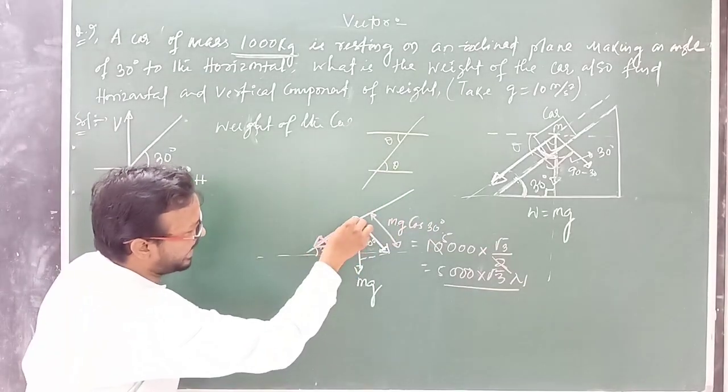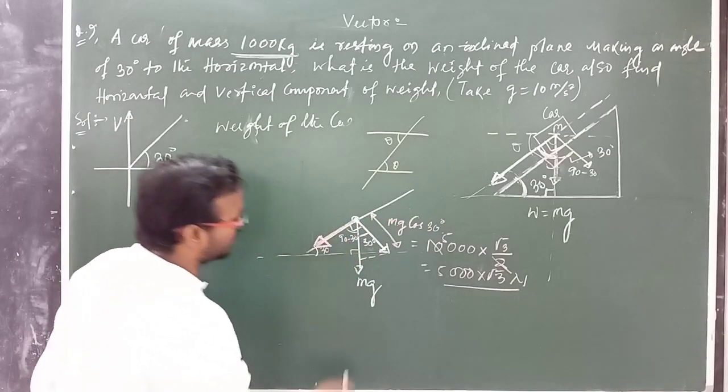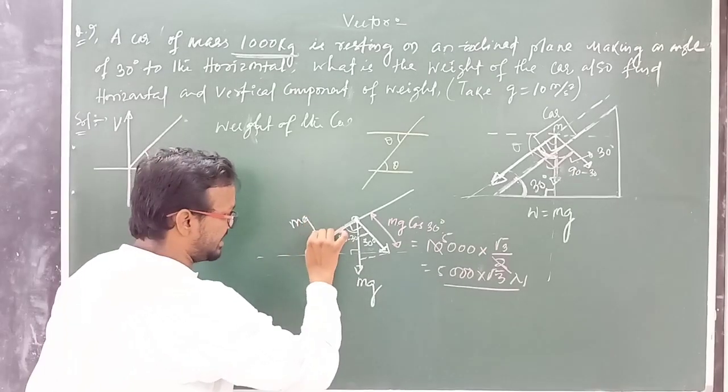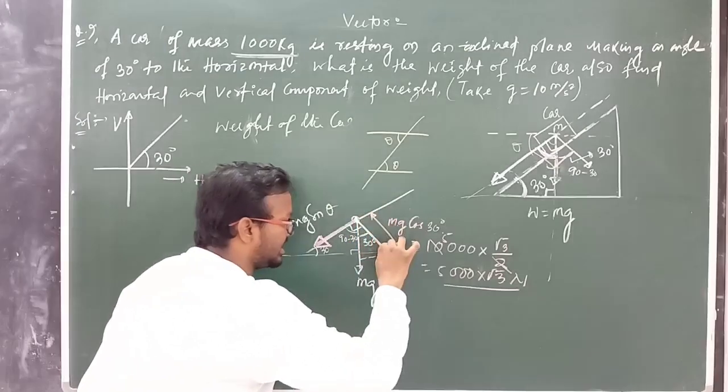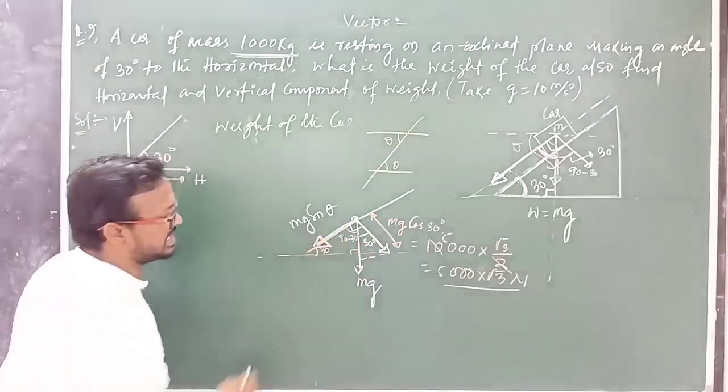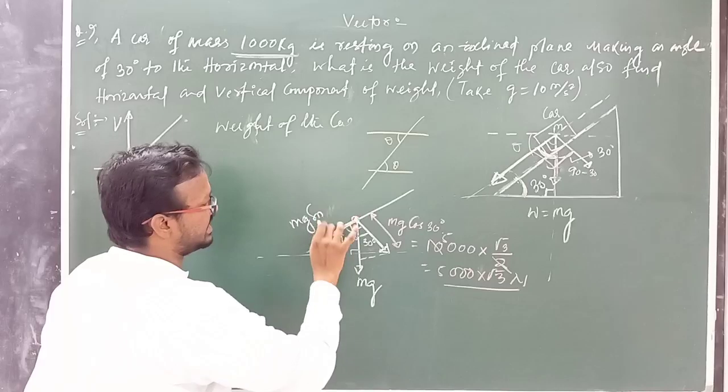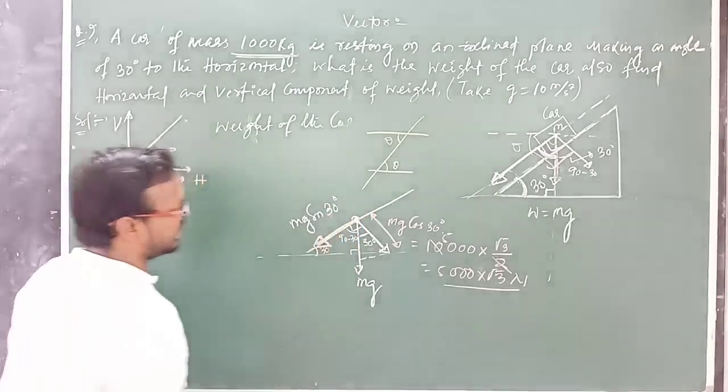Next we have to find this component, and this component we already know is mg sin theta. Why? One component is mg cos theta and another component is mg sin theta, and theta here is 30 degree. Clear?